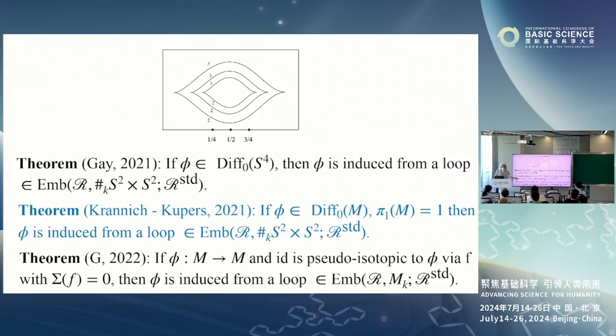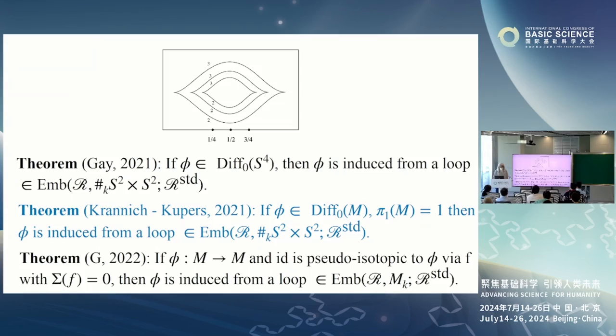Oh, before I do that, let me mention two other related theorems. Well, one is that if you have a diffeomorphism of S4 homotopic to the identity, then somehow it comes from a loop of red spheres.